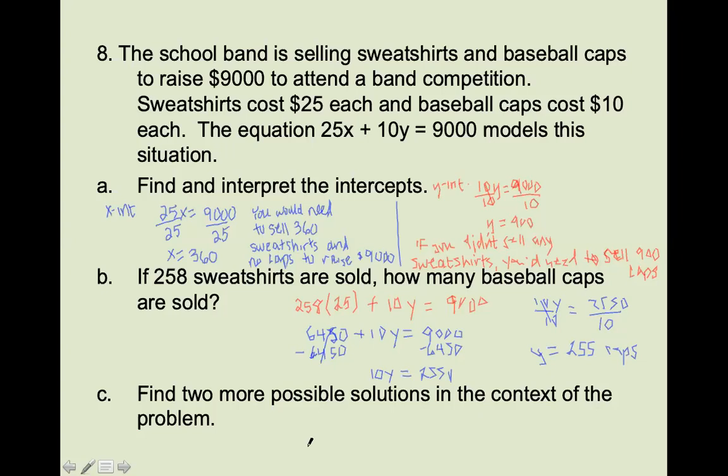The next part says find 2 more possible solutions in the context of the problem. So you can pick whatever you want. Let's say you sell 100 sweatshirts. So let x equal 100. Then we'd have 25 times 100 plus, we don't know how many caps, that's what we're solving for, equals 9,000. So 25 times 100 is 2,500.